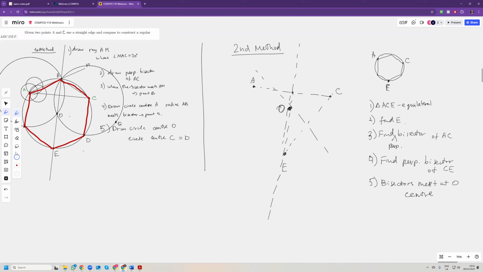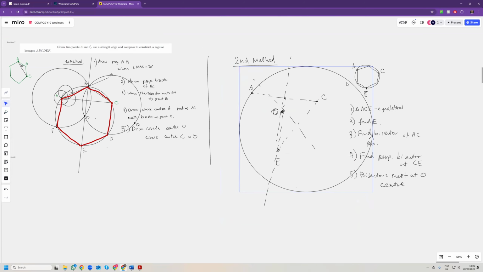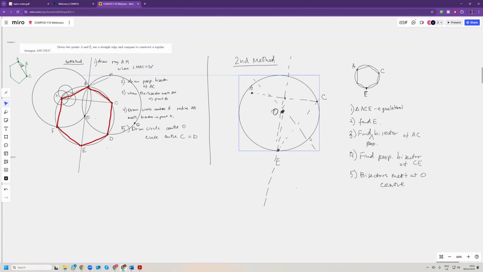Draw a circle, center O. It's going to be smaller than that. Okay.